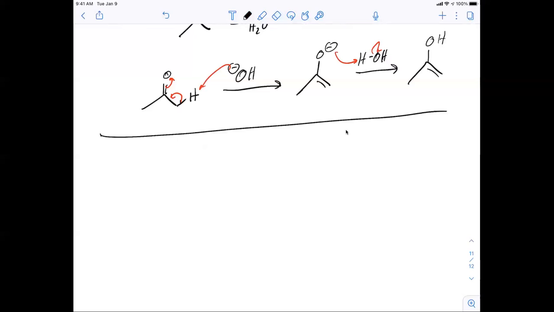So enols, to sum up, enols could form from a ketone or an aldehyde just by sitting there. I can make it go faster with acid or base, but it's an equilibrium process.